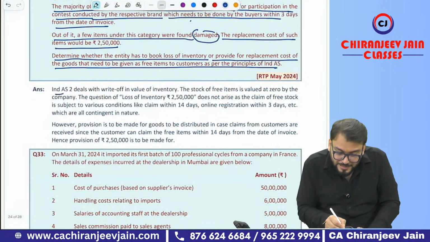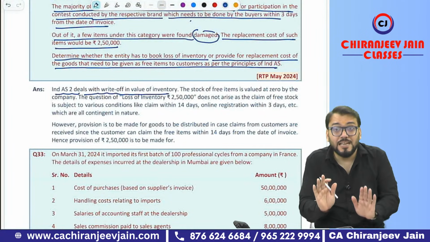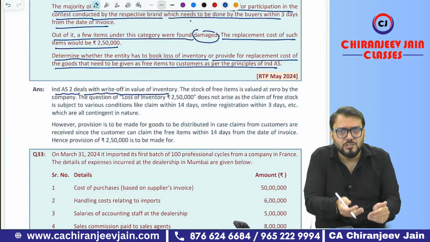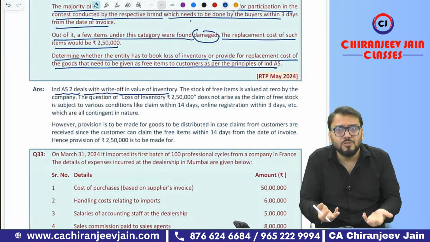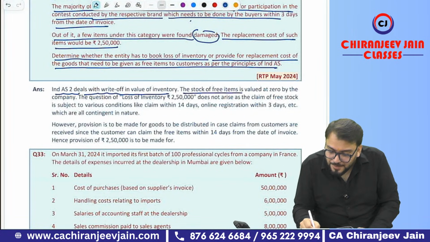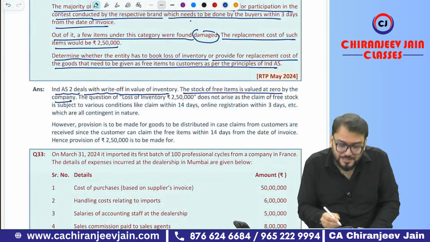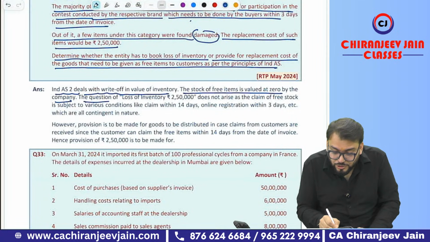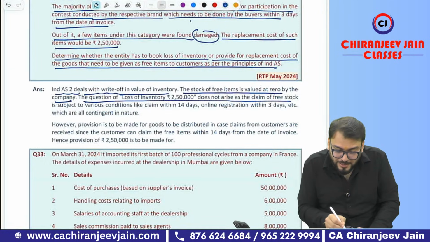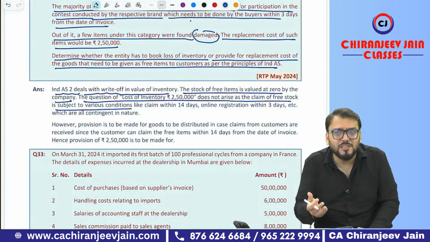If you see, Ind AS 2 deals with the write-off in the value of inventory. That deals only with the write-off of inventory. So the damaged goods are already written down to zero. Now how much do you write down? There is nothing to write down. The stock of free item is valued at zero by the company. It is correct. The question of loss of inventory does not arise as the claim of free stock is subject to various conditions. So this will not arise.